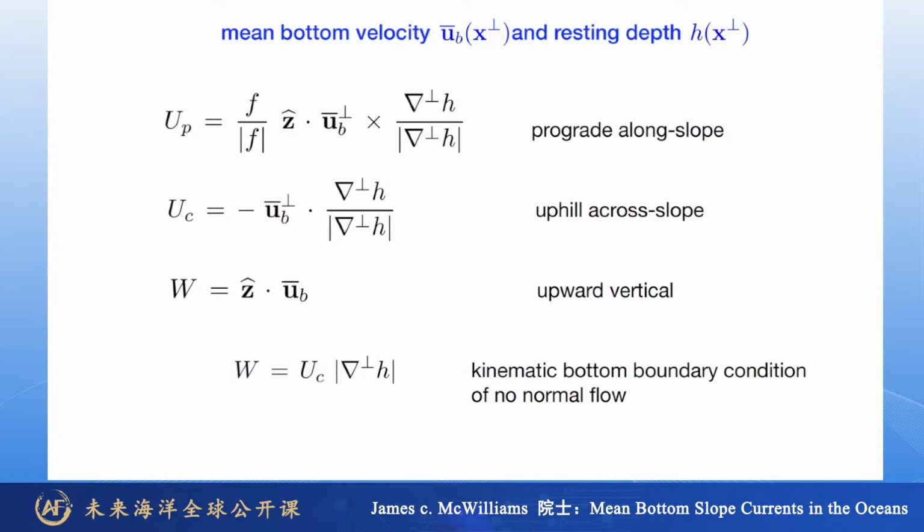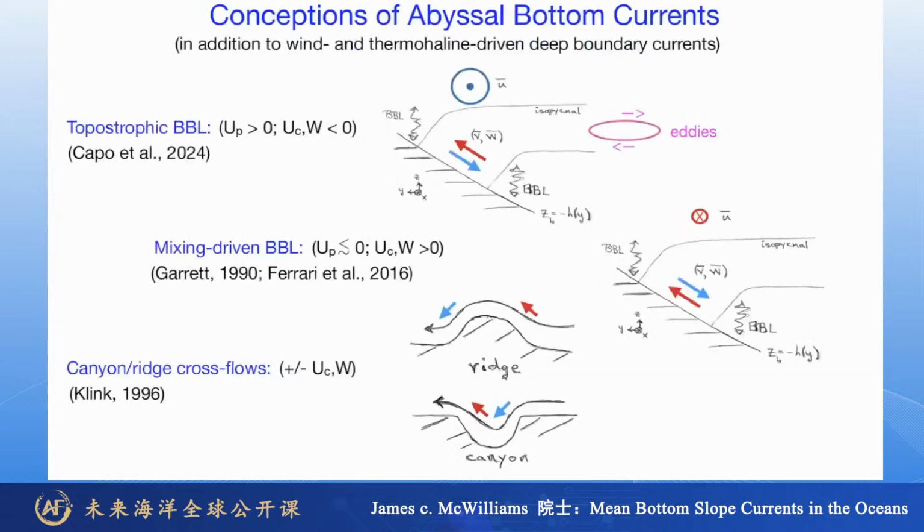So just to give you a visual sense of what we're talking about, in addition to the theories of wind and thermohaline driven deep boundary currents, which are present in the solutions I'm talking about, but actually not the primary currents, there are three modern conceptions of what the abyssal bottom current should be.